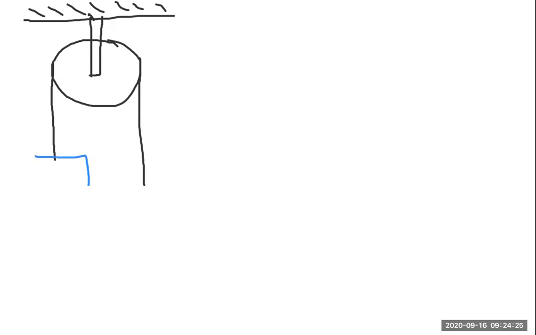From that vertical ceiling, we have a pulley, and there is a string on the pulley, and there is a block of mass M1, and there is a block of mass M2.